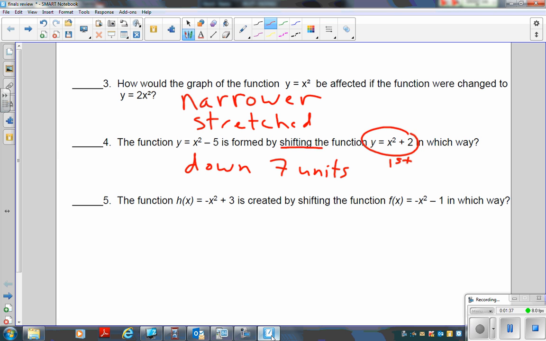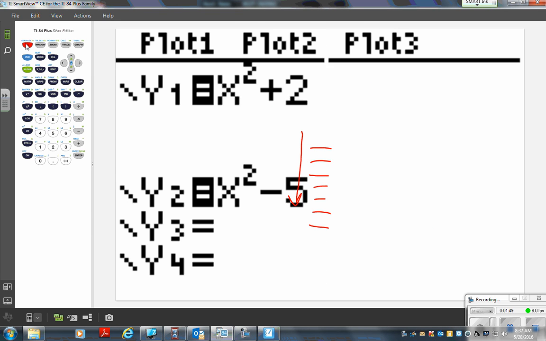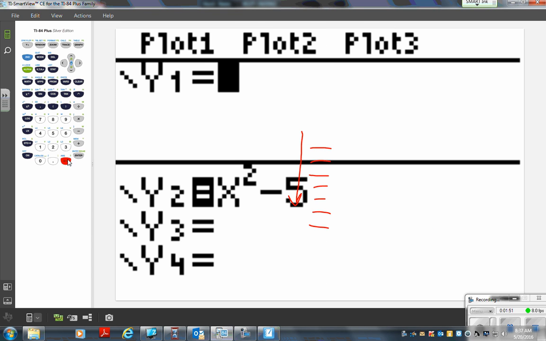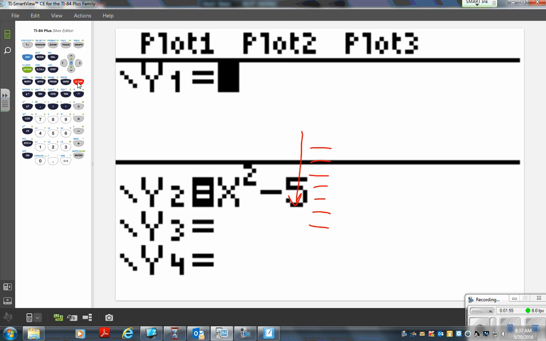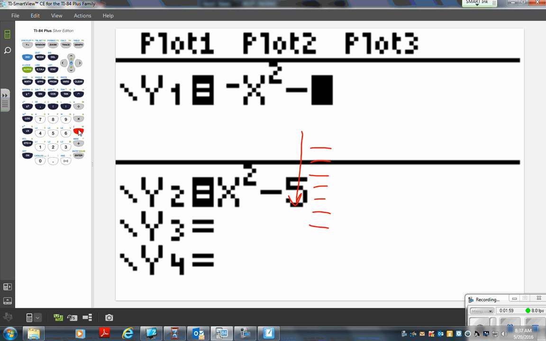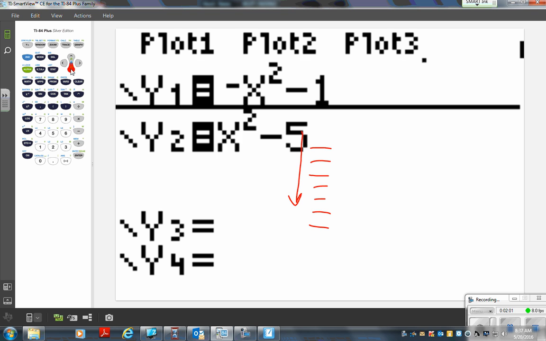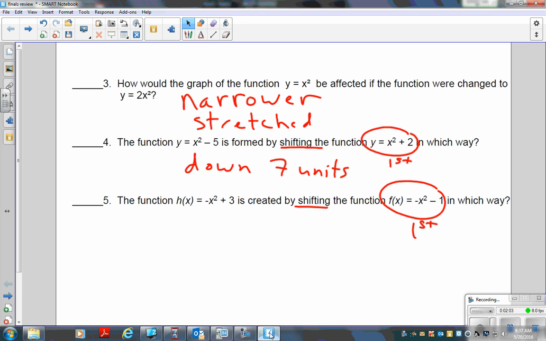All right, the function y equals negative x squared plus 3 is created by shifting. So we shifted this one, which means we start with this one first. Negative x squared minus 1. And then negative x squared plus 3.